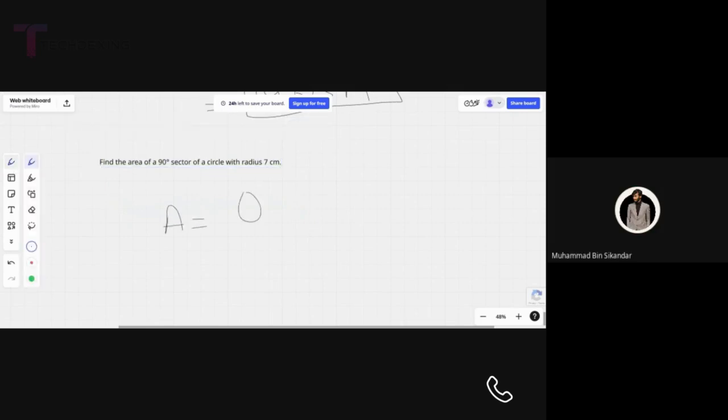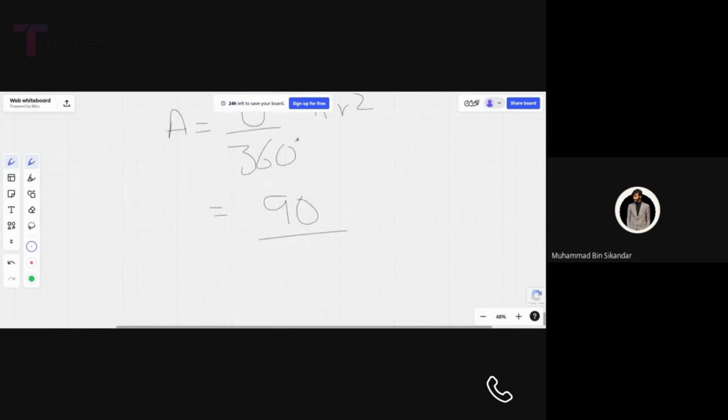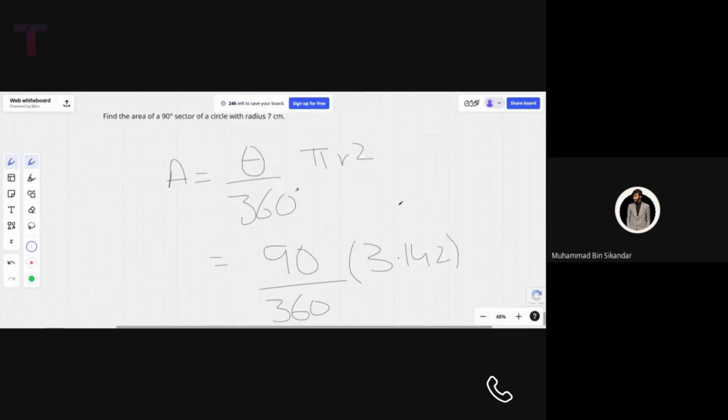The formula was theta divided by 360 times pi r square. Very good. Just simply plug in the values over here. The value of theta is 90 divided by 360. Pi, as we know, is 3.142 and radius is 7.